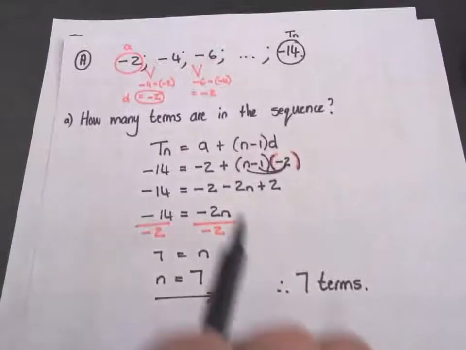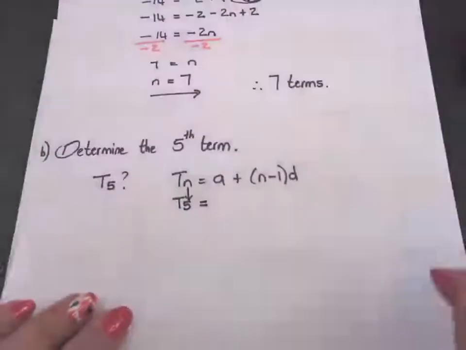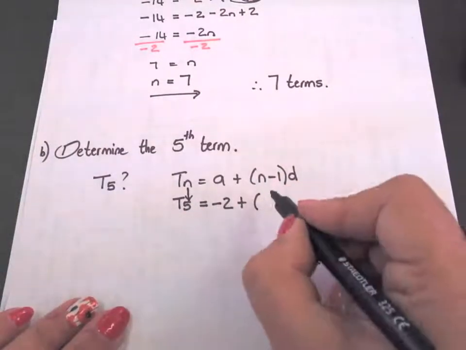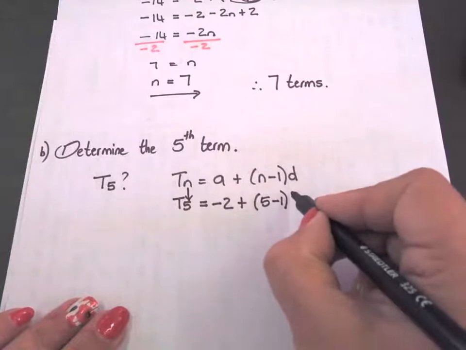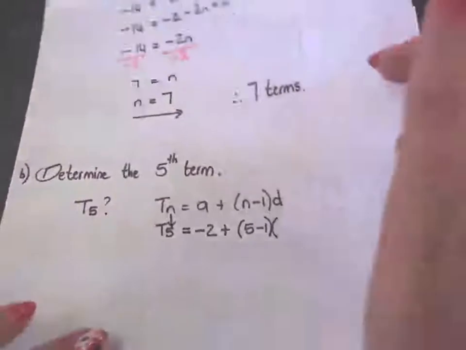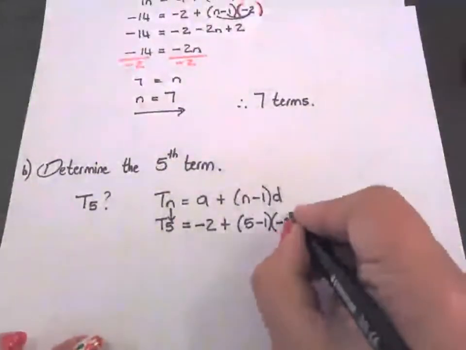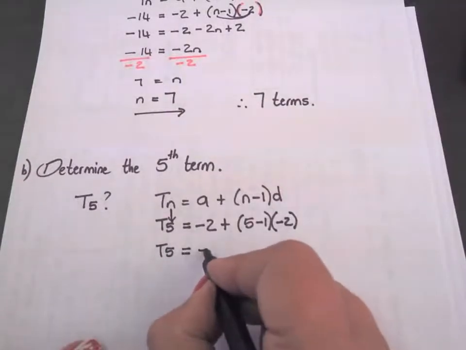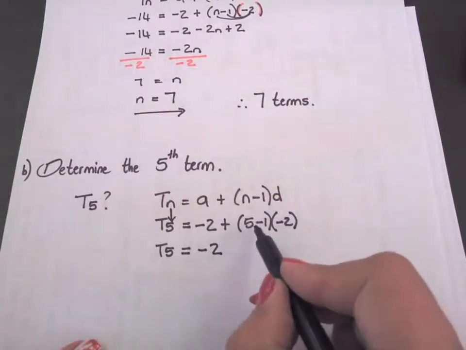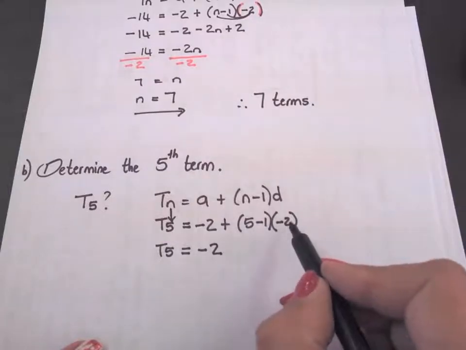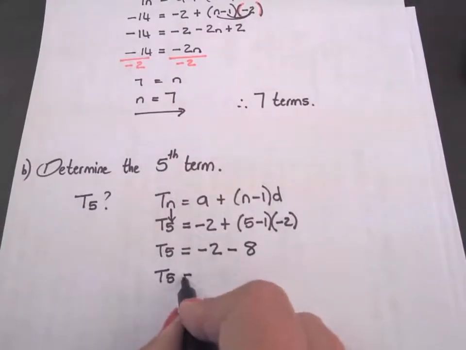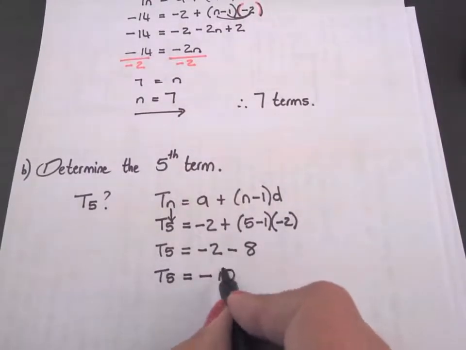A we worked out as minus 2 plus n is 5 minus 1 and D is negative 2. So term 5 will be equal to minus 2. Here we have 4 times negative 2, so it's negative 8. Therefore, term 5 will be equal to negative 10.